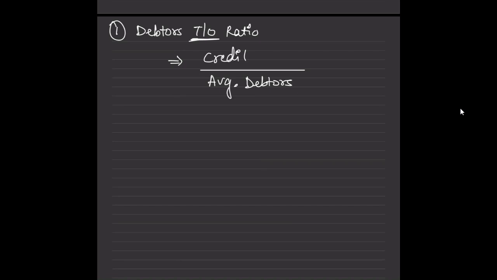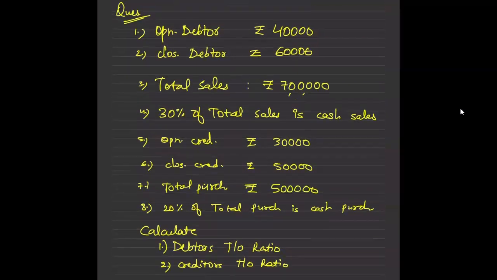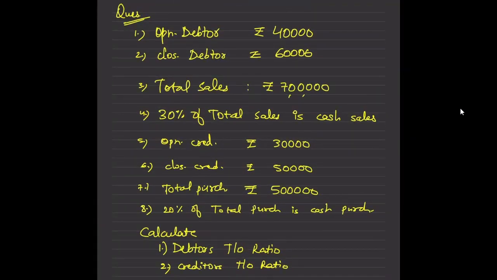That is determined by the credit sales, because obviously, if you sell on credit, then only debtors are generated. Is there any information about credit sales? Yes, sir. They have given that 30% of the total sales is cash sales. That means 70% is the credit sales.